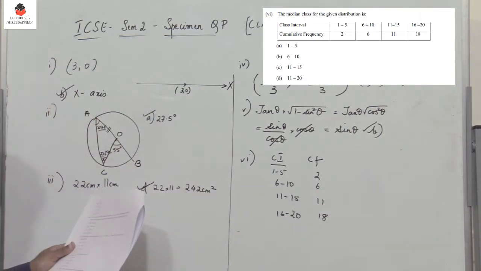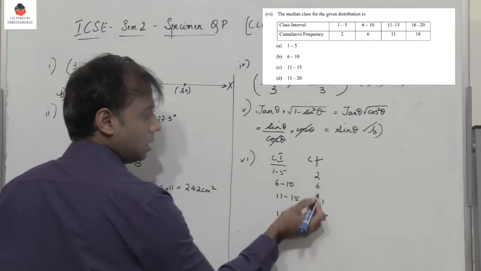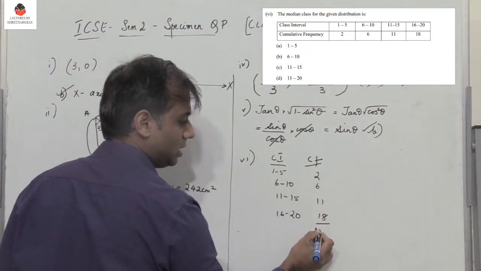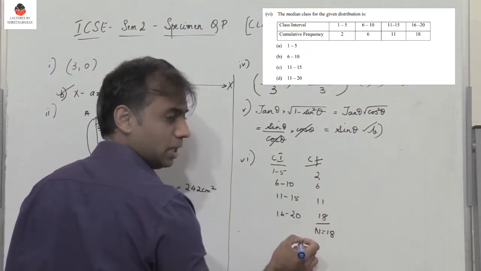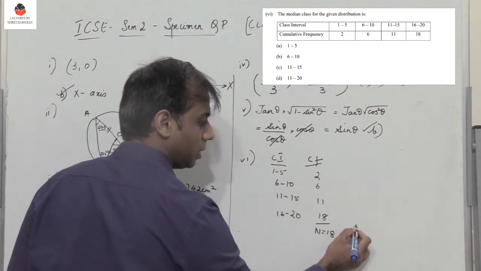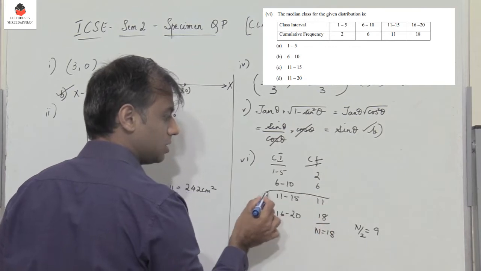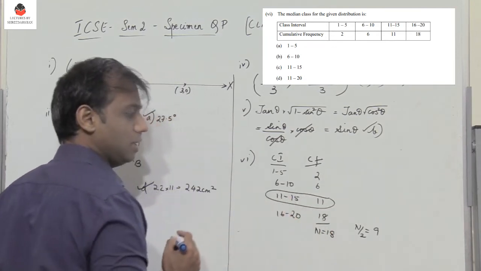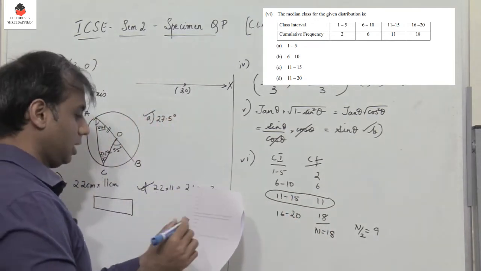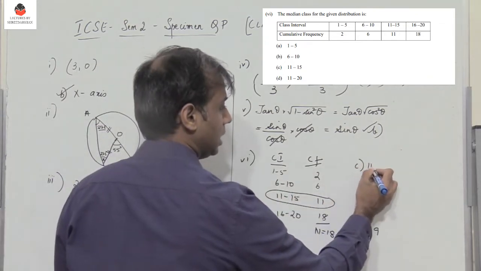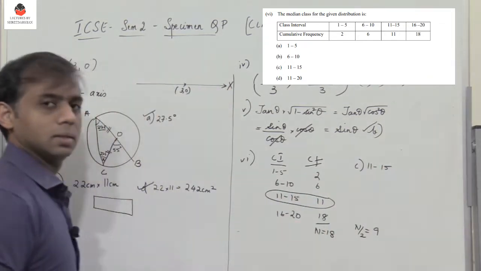Now we need to find the median class for the given distribution. What is the total frequency? N is 18 because this happens to be the cumulative frequency. Find n by 2. N by 2 is 9. So 9 specifically lies in the class interval 11 to 15. So that is the right option. So it is option C, 11 to 15.